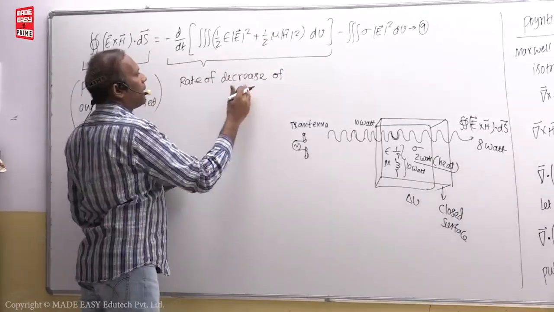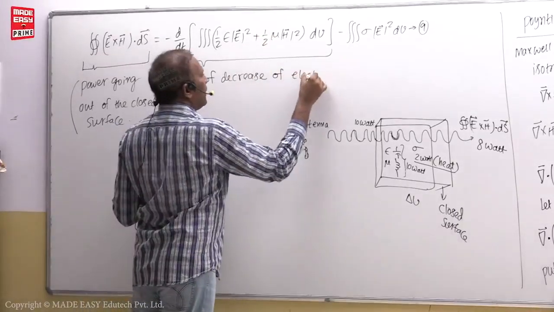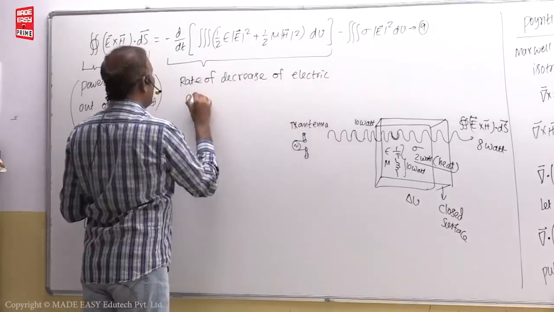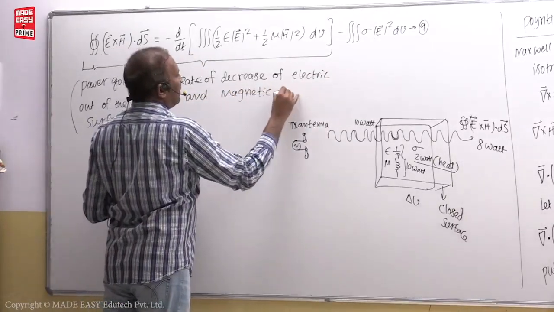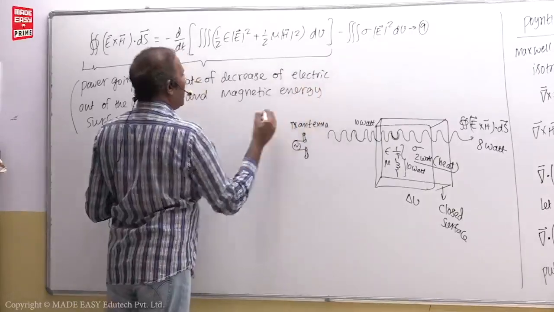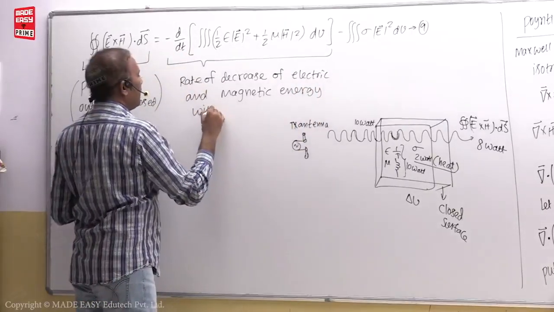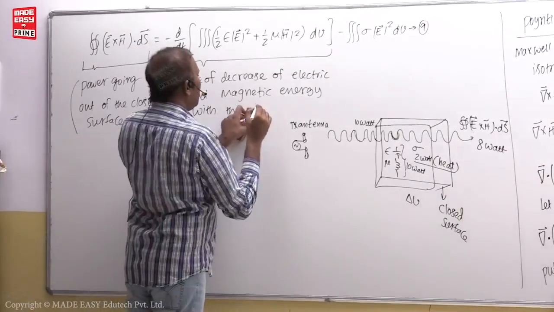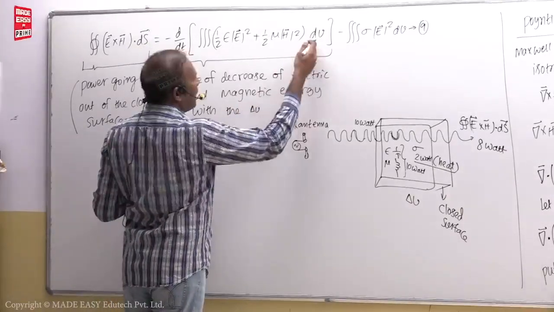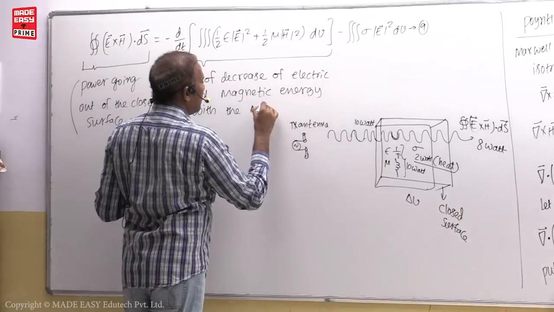So rate of decrease of electric and magnetic energy within the volume dV.